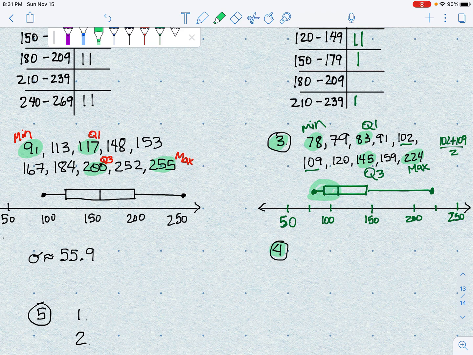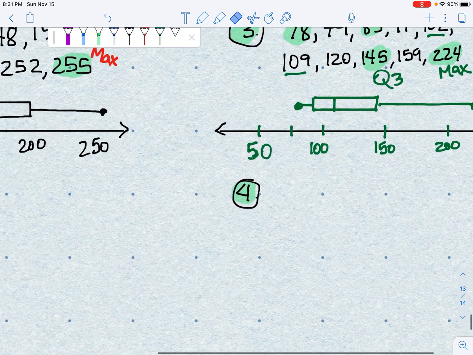Most of the data is on this side of the graph. You can see that slightly here. It isn't skewed as much. We do see the whisker as being longer on this side, right, than this side. But clearly my graph on the left. That's going to help me make some sentences, statements there at the end.